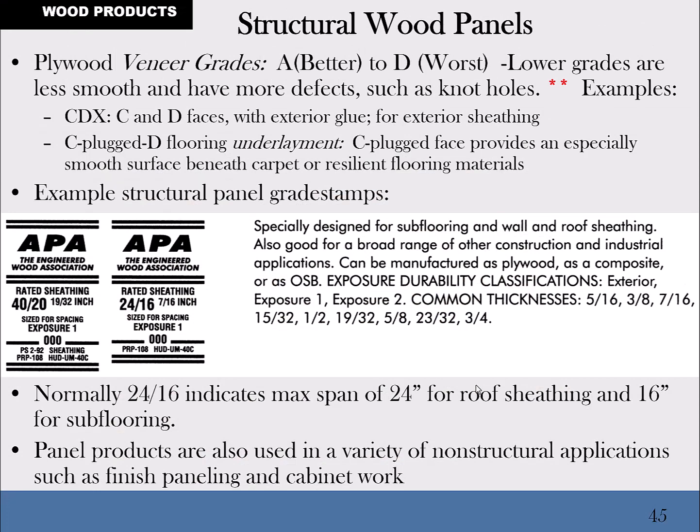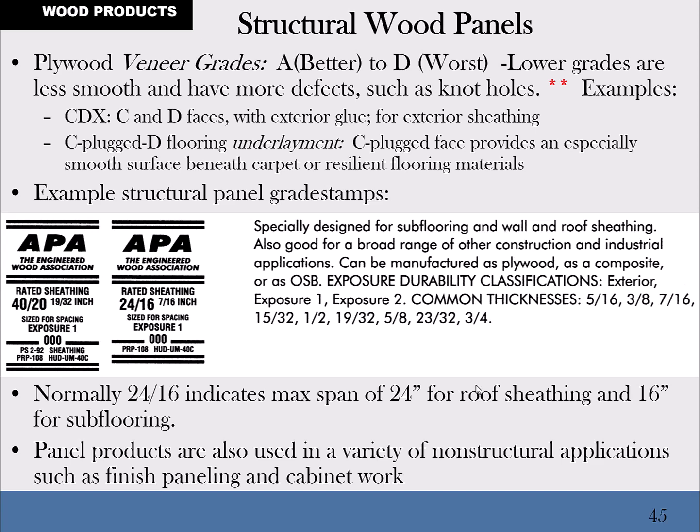So we have different grades of the veneers, different qualities. As you can imagine, if you've got knot holes and cracks when you start peeling that log for the veneer, you'll get different grades of veneer. So we have a system from A to D, where A is the best veneer and D is the worst. So we've got A, B, C, and D for veneers.